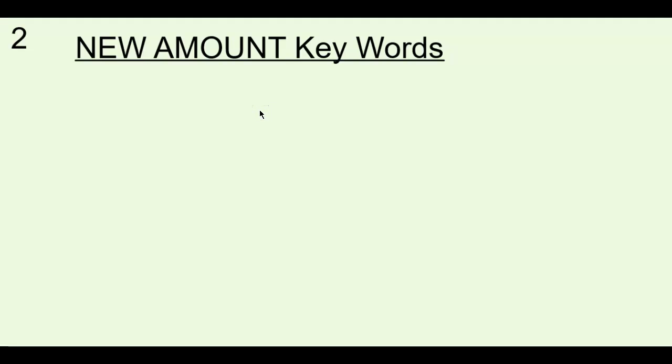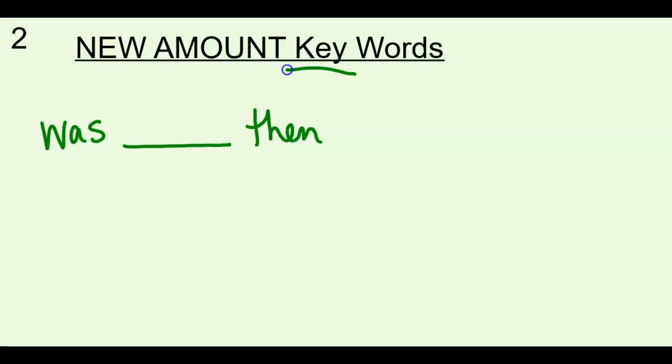Okay, the next kind of problem is called a new amount problem. So this one, your clue words or your keywords here are, in the problem it'll say it was this amount or this value, but then it went up or down a certain percentage.